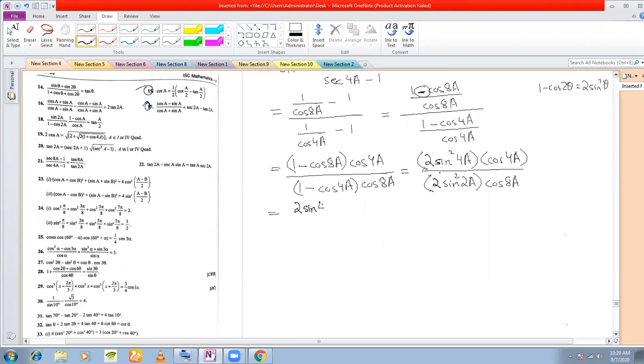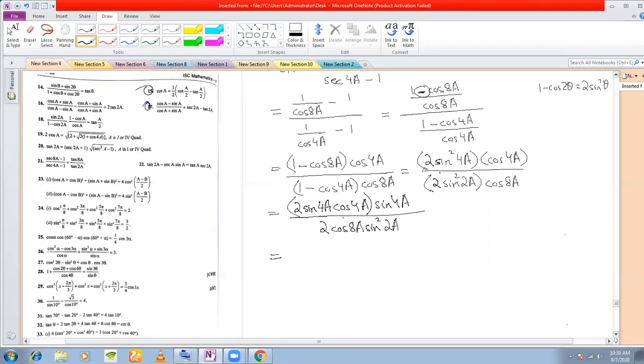One sine you are going to take here, 2 sine 4a cos 4a, and one sine you are going to keep outside, sine 4a. And in the denominator, you keep this as it is, 2 cos 8a sine square 2a. Keep the denominator as it is.